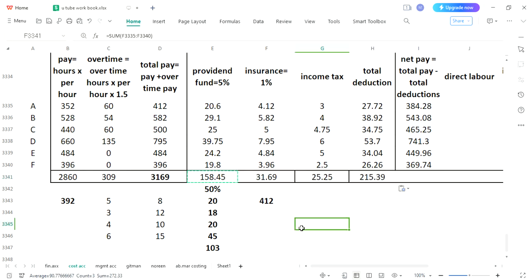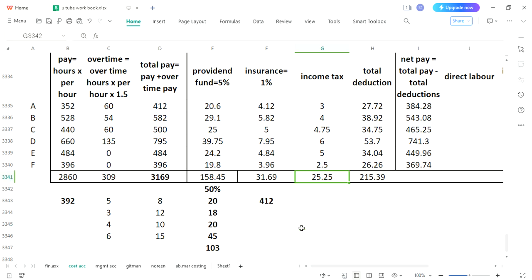So this way you have calculated the sum of all deductions individually and in total. Provident fund total was 158, insurance total was 31.69, income tax total 25.25, total deductions 215.39, and now you will be calculating your net pay.